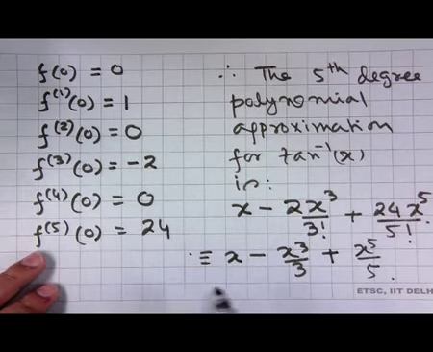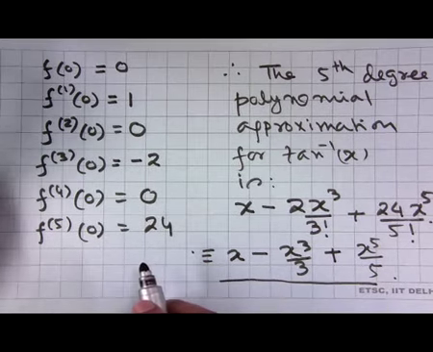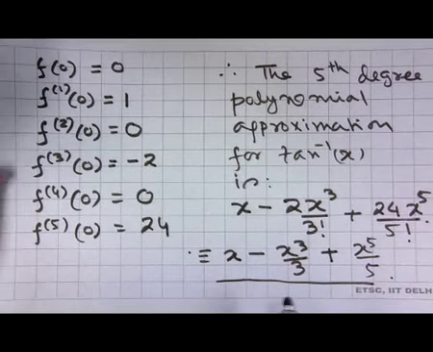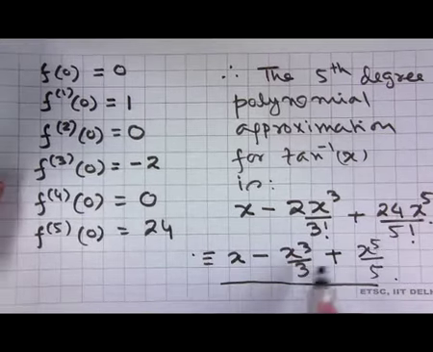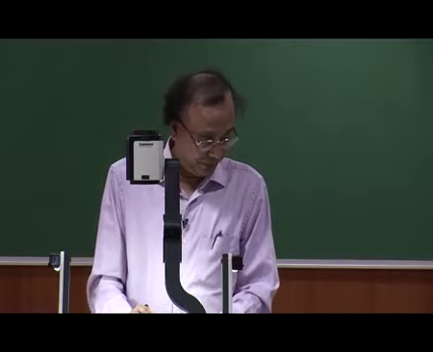So, that is the approximation of tan inverse x when we go up to the 5th degree polynomial. Now, you can do it in a slightly more tricky way.